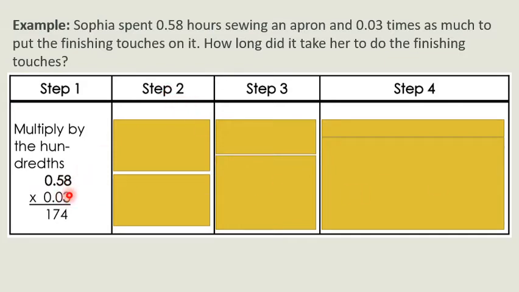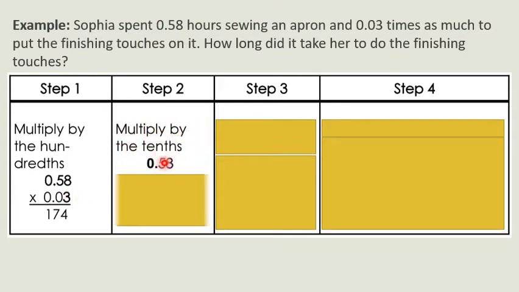After natin mag-multiply doon sa 3, mag-multiply naman tayo sa tens. Dito naman tayo magsisimula. 0 times 8, 0 times 5, and 0 times 0. Pag nasa tens digit na tayo, wala na yung nasa ones, hindi na tayo maglalagay doon ng answer. 0 times 8 is 0, 0 times 5 is 0, 0 times 0 is 0.